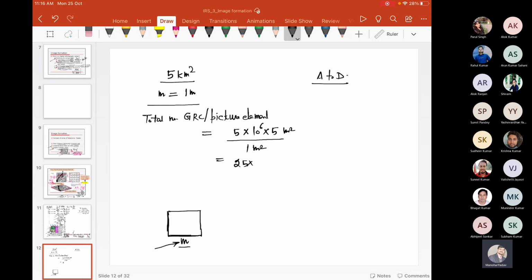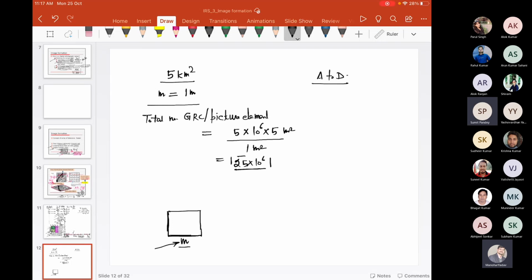They are 25 into 10 to the power 6. Fine. Now there are 25 into 10 to the power 6 ground resolution cells, and in a single channel sensing system there is only one band. So in that case, all 25 into 10 to the power 6 ground resolution cells are sensed individually.